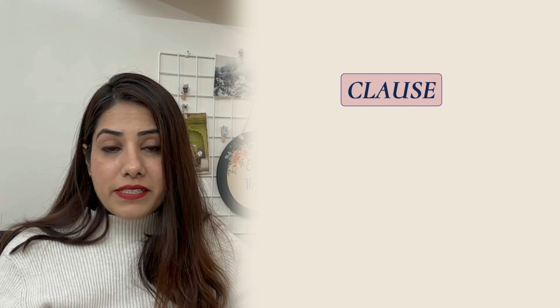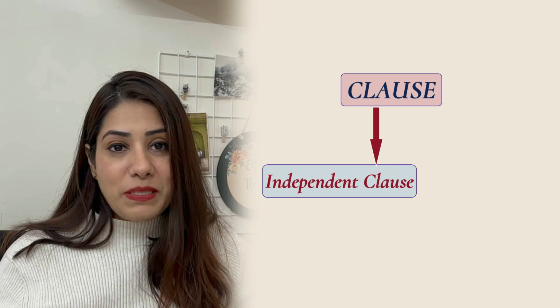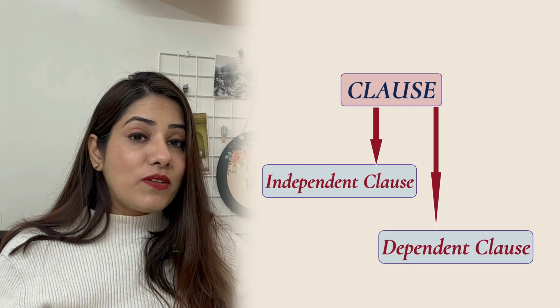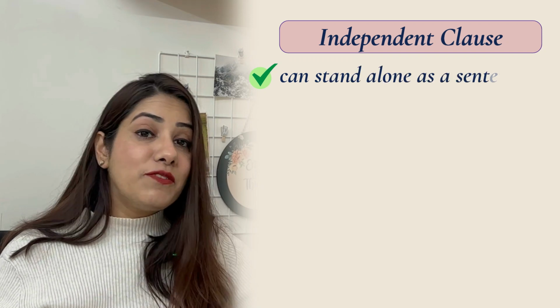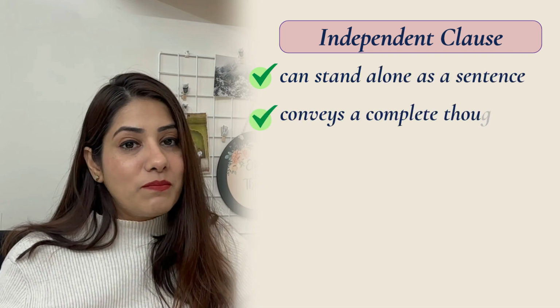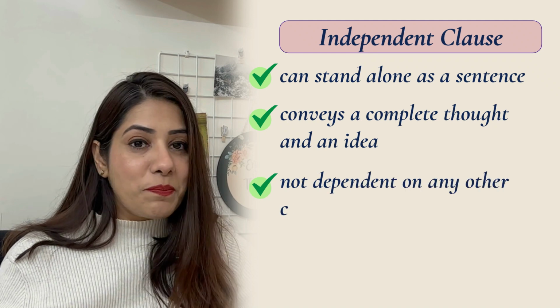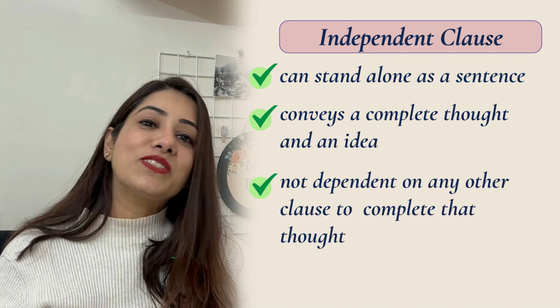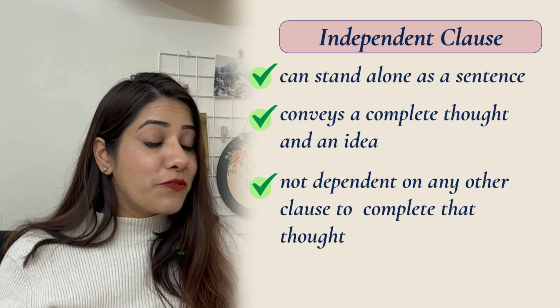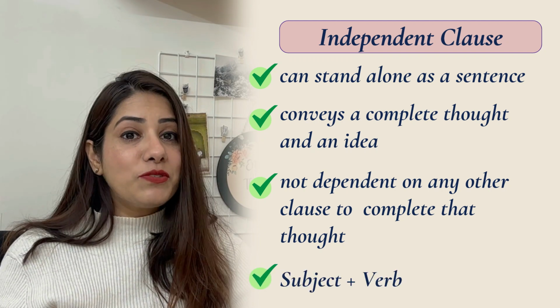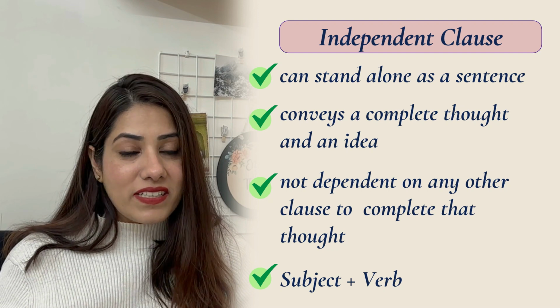We can categorize clauses into mainly two types, independent clause and dependent clause. An independent clause is one that can stand alone as a sentence, and it conveys a complete thought, a complete idea, and it's not dependent on any other clause or sentence to convey that thought. It requires no extra information to understand the thought or idea.